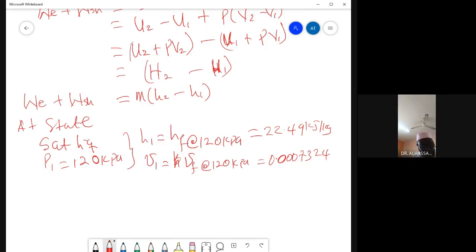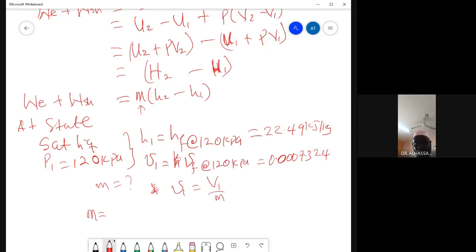Okay, so now we don't know the mass of the fluid, and we need to determine the value for M. How do we find M? We know by definition that specific volume V1 equals the absolute volume V1 divided by mass. So mass equals the volume, which is given already.